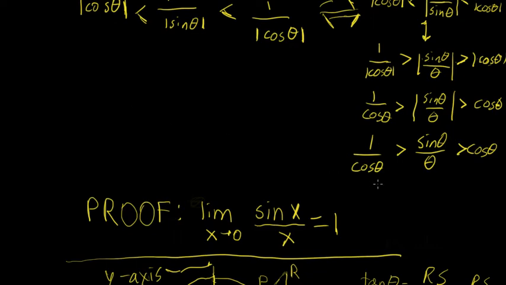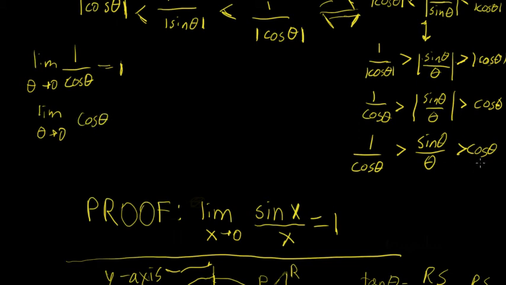So let's look at the limit of this function on the left here. The limit as theta approaches 0 of 1 over cosine of theta. Well, as theta gets close to 0, cosine of theta gets close to 1. 1 over 1 is just 1, right? And the limit as theta approaches 0 of cosine of theta, that's this function, this right function here.